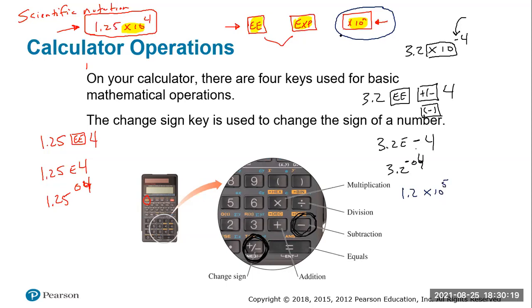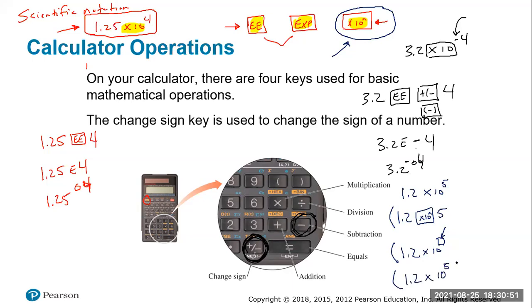If you have the button that I just circled here, you would actually have to start with opening a parenthesis and then go 1.2 and then hit that button. On your calculator, it will look like this, 1.2. It most likely will show times 10. And then you'll have a blinking cursor up there on top. Then you would put the exponent in, which is 5. Then it would be 1.2 times 10 to the 5.